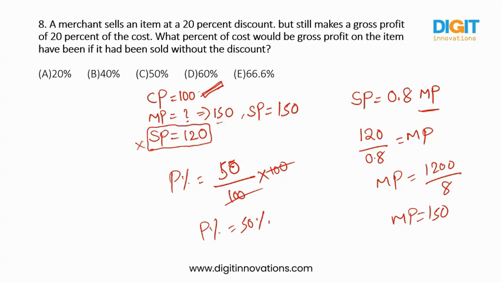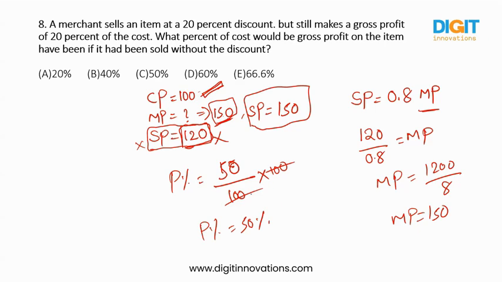Then he marks it as 150. After giving a 20% discount, he sold it for 120 rupees. This is the information you got. And what they are asking is, what if the discount is not given and you mark it as 150 and sell it for 150 only, what would be the total profit you will get? Profit percentage they are asking.